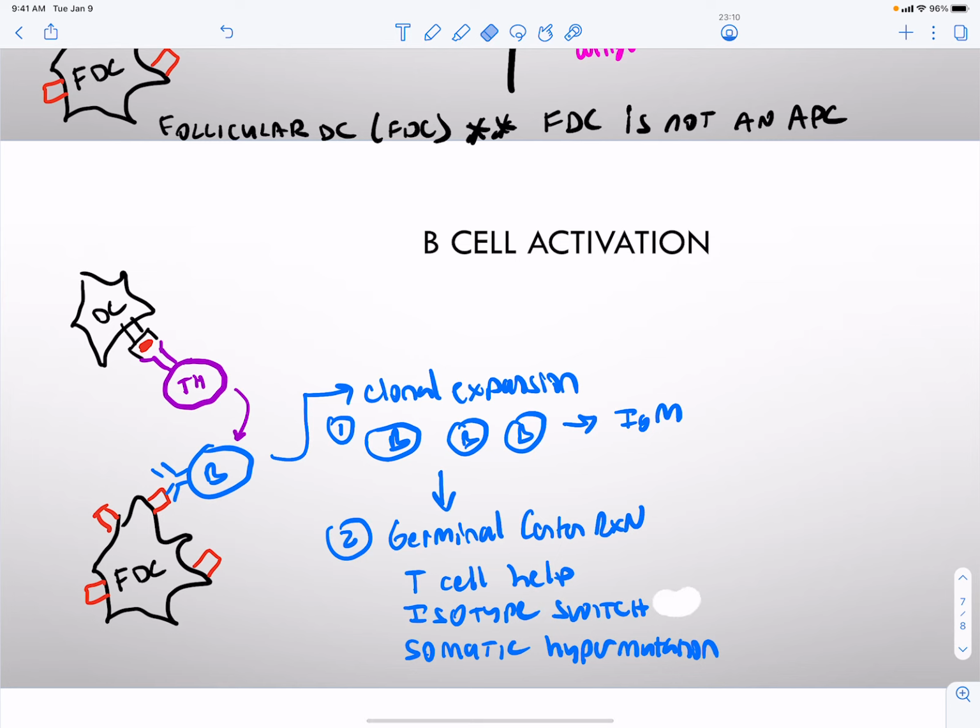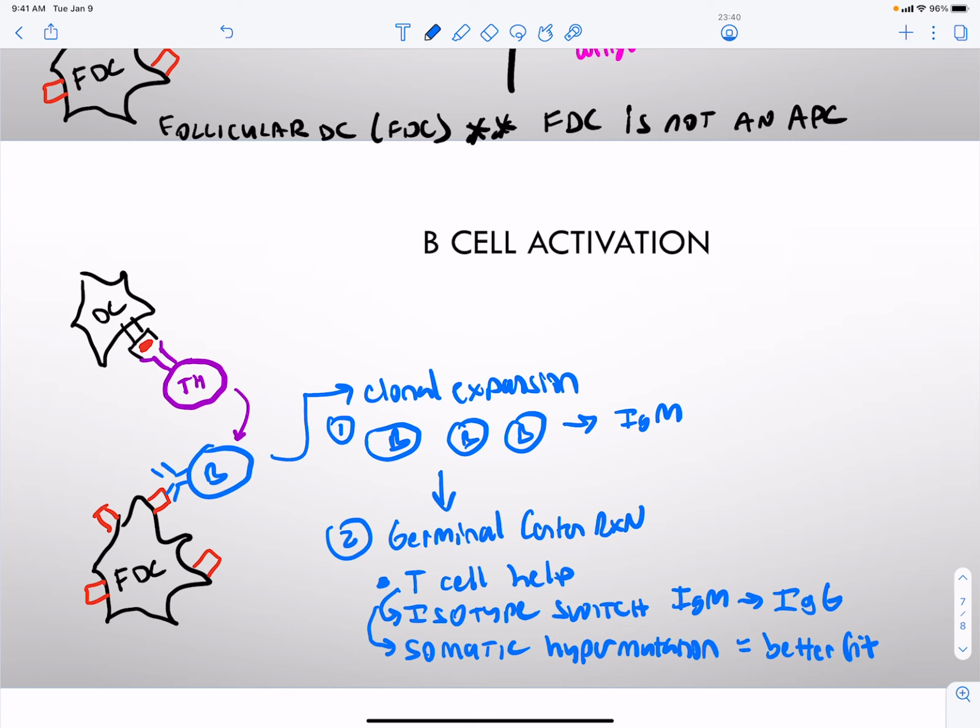So isotype switching, you're going to go from IgM to IgG, for example. The T cell help is necessary for this. So the T cells are telling your B cell to do isotype switching. The T cell is going to tell your B cell to undergo somatic hypermutation, and this equals a better fit.